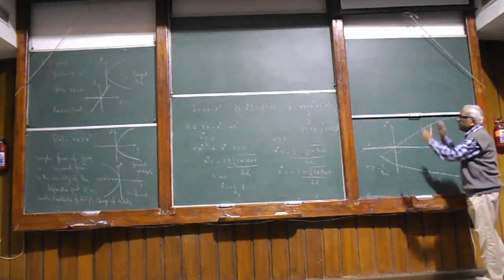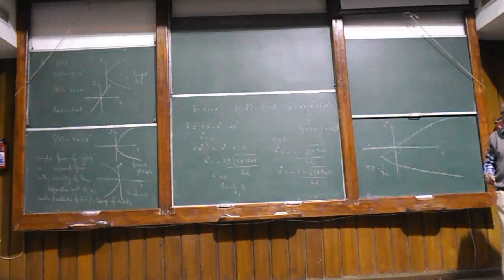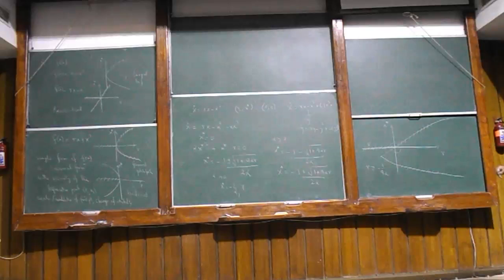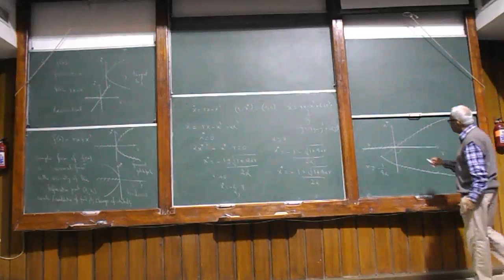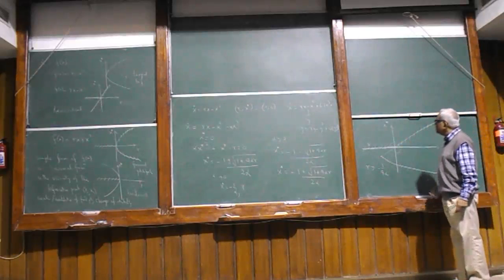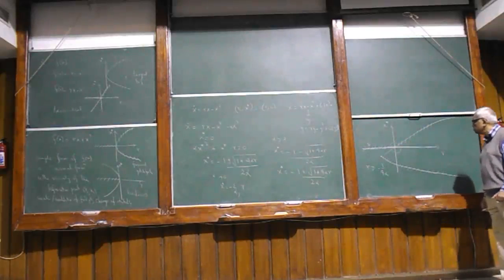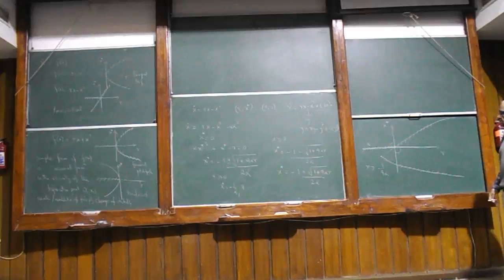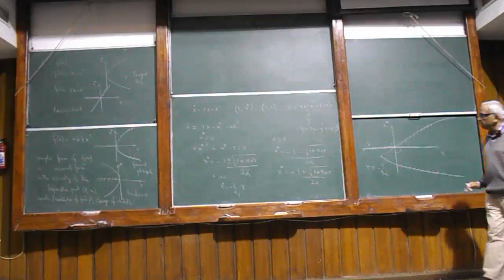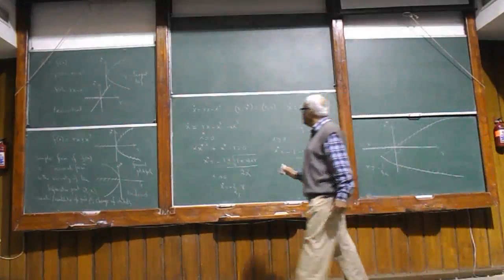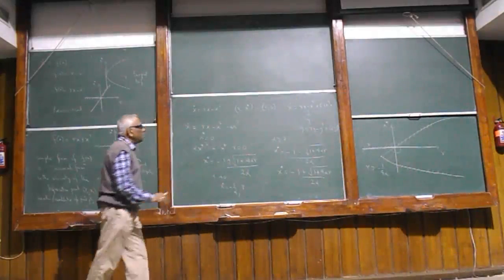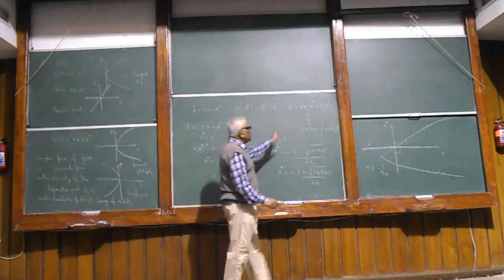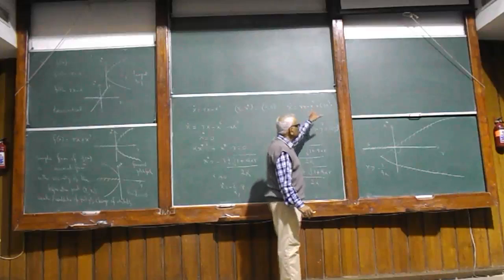So adding an x cubed to this rx minus x squared, in the vicinity of the point x star equal to r equal to 0, leaves this as a transcritical bifurcation.